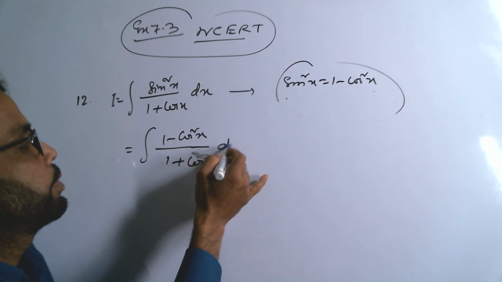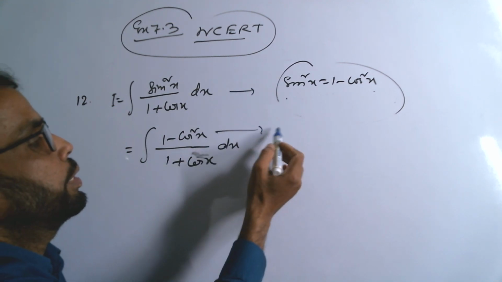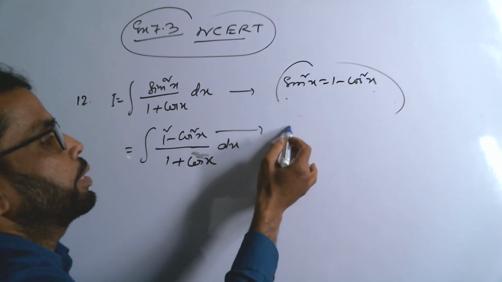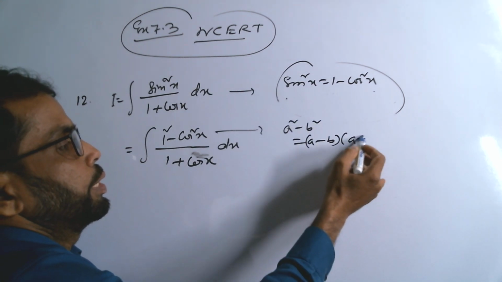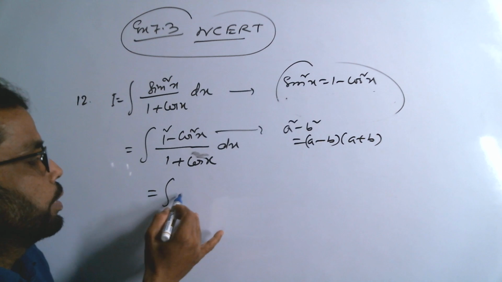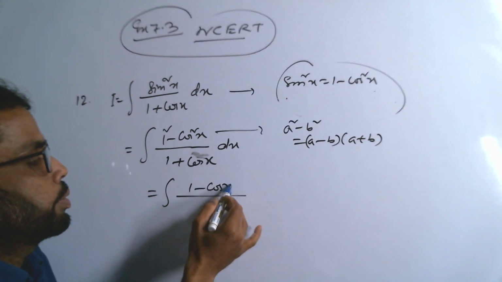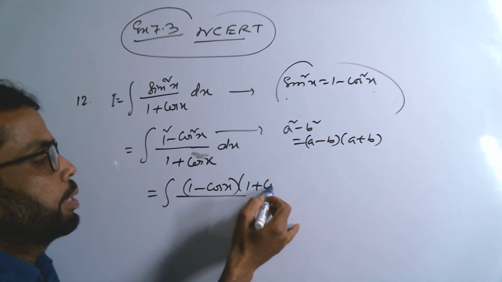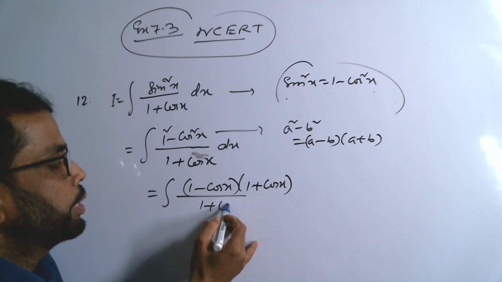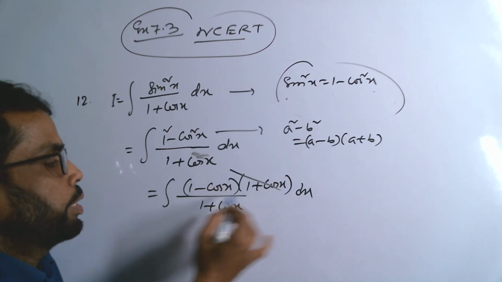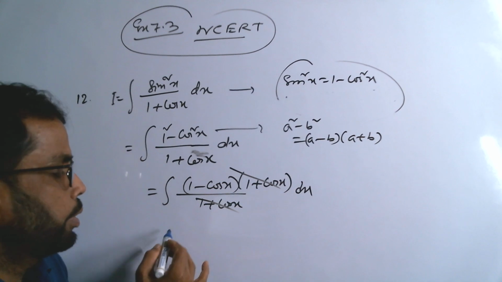Denominator as it is. Now numerator 1 we can make 1 square, and we can use the a square minus b square formula, a minus b into a plus b. So the integration is 1 minus cos x into 1 plus cos x. We are using this formula in the numerator, and then this term is getting cancelled, so integration is becoming easy.